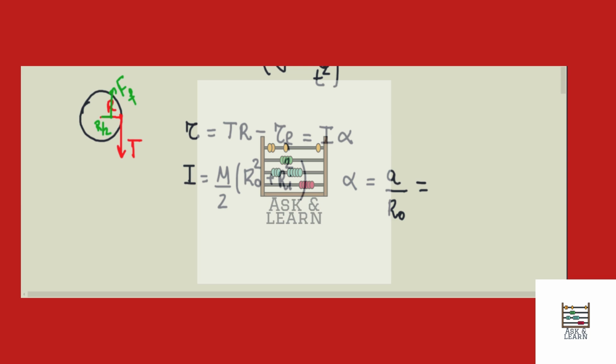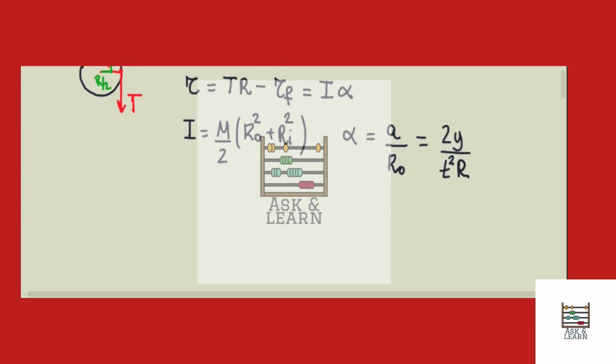Now, the acceleration in our case is equal to 2y over t squared, and the outer radius is just r. And if we want to calculate I, this is equal to m over 2 times the outer radius squared, which is r, plus the inner radius, which is r over 2 squared. So this is 5 m r squared over 8.